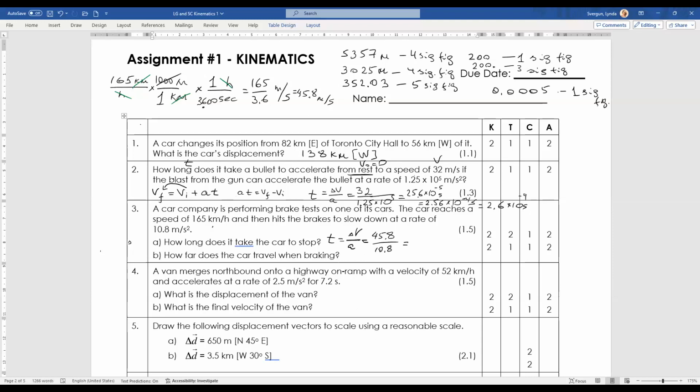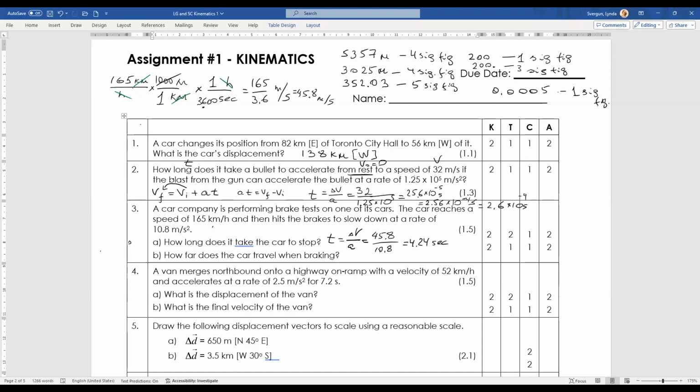It takes time for them to stop, and the bigger the speed, the heavier they are, the longer it takes to stop. So 4.24 seconds. I just keep 3 sig figs because you have 3 sig figs here and 3 sig figs here.